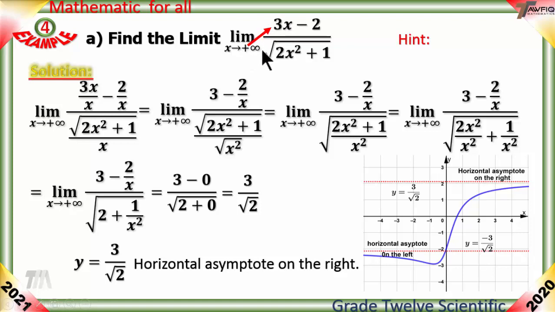And now multiply the answer with the sign of the square root, which is positive. That means positive times positive times positive is positive. And now take 3 over the square root of 2. This is the answer of this limit.